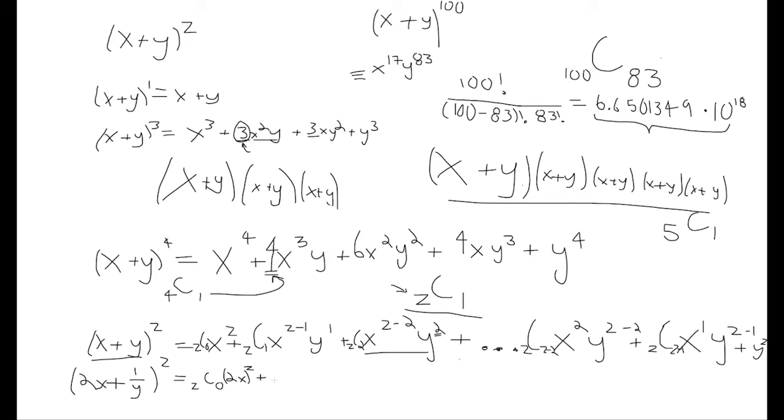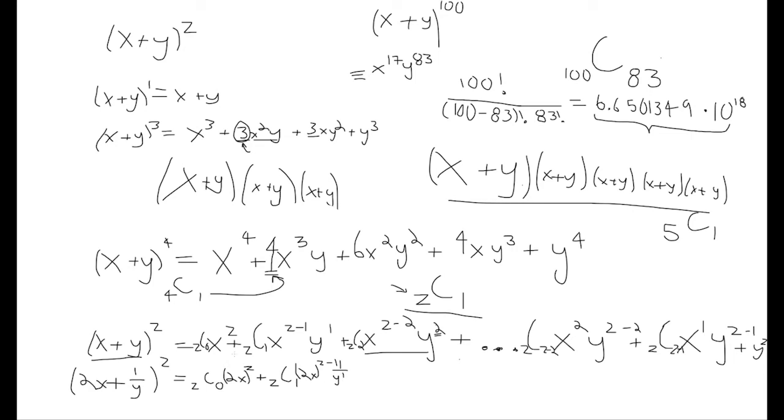And then it would be z choose 1 of 2x to the z minus 1, times, well, I guess it would be 1 over y to the 1.